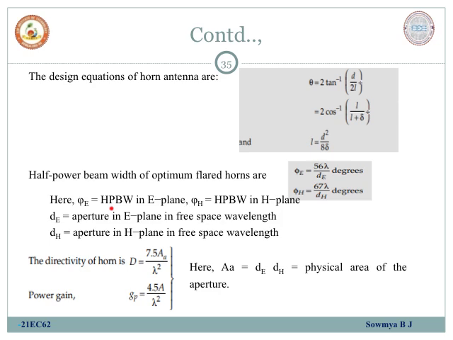Here phi E is the half power beamwidth in E plane and phi H is the half power beamwidth in H plane. dE is the aperture in E plane in free space wavelength, and dH is the aperture in H plane in free space wavelength. The directivity of the horn is D equal to 7.5 A by lambda square, and power gain Gp is equal to 4.5 A by lambda square. Here A is equal to dE into dH, the physical area of the aperture.